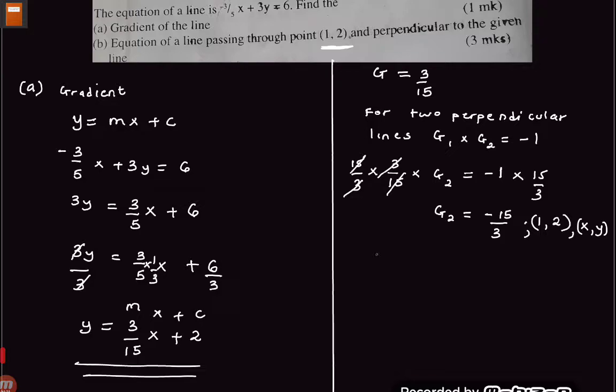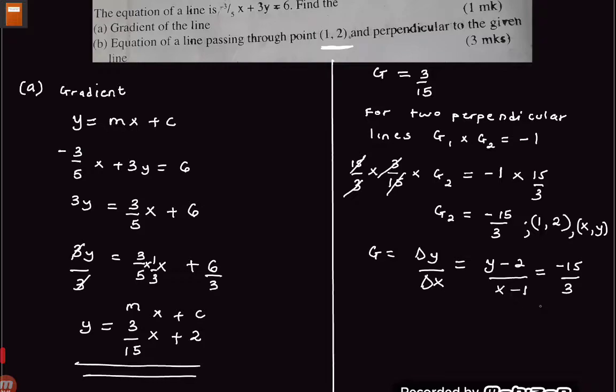So we now say that gradient is given by change in y over change in x, which is equal to y minus 2 over x minus 1. This is equal to the gradient, which is negative 15 over 3.